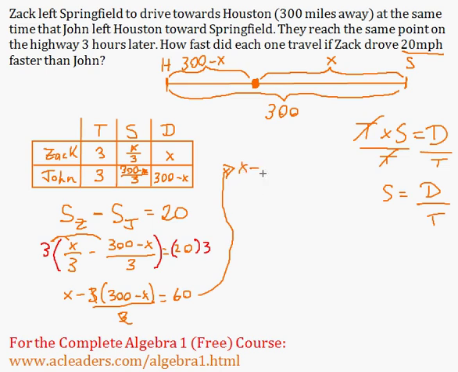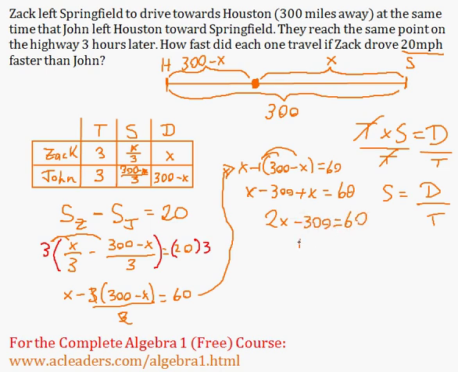So x minus 300 minus x equals 60. So x minus 300, negative, negative make a positive, so we get plus x, because we're distributing like a negative 1 here, right? Equals 60. x plus x, 2x, minus 300 equals 60.